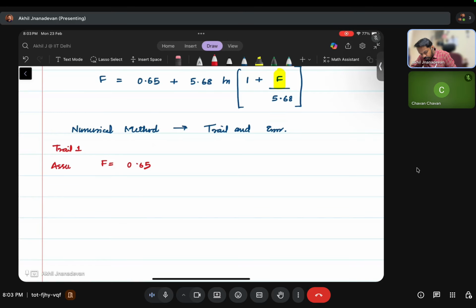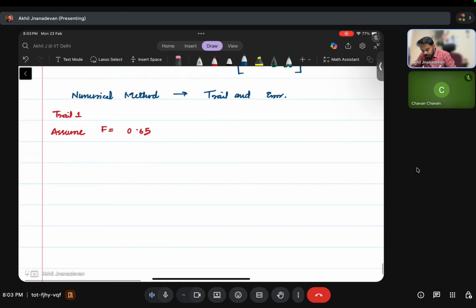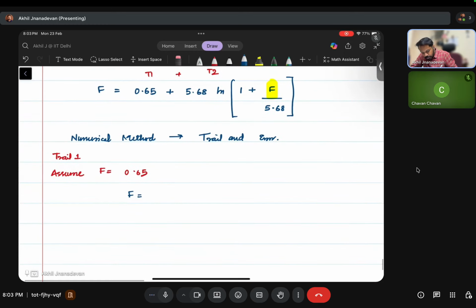We are assuming our F is equal to 0.65. So we can substitute in this particular equation, then we get F is equal to 0.65 plus 5.68 ln(1 plus, and here we'll be substituting 0.65 divided by 5.68).